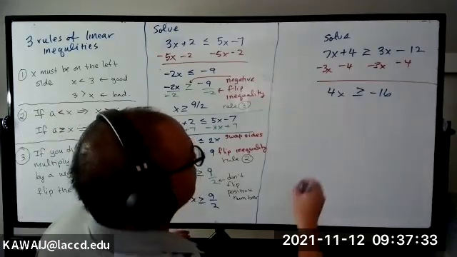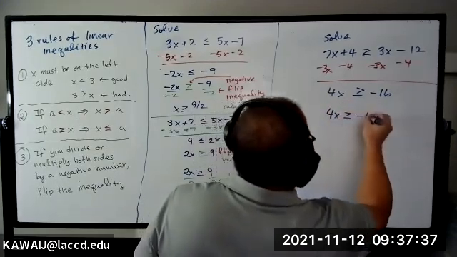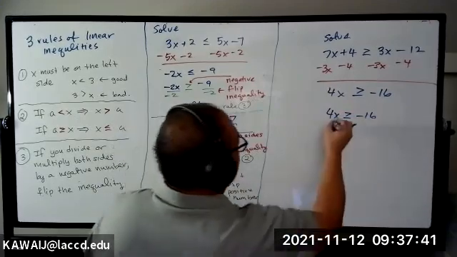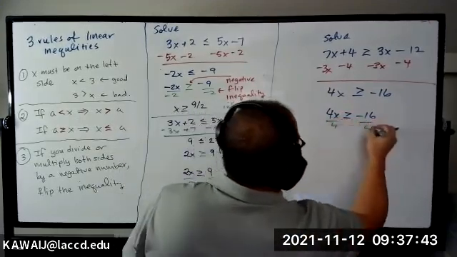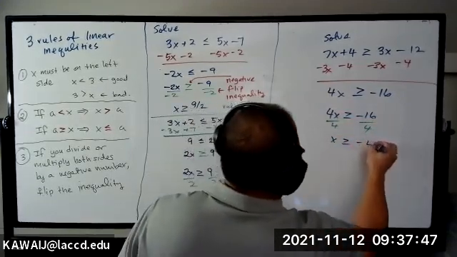So this is equal to 4x is greater than or equal to -16. I'm dividing both sides by 4. Then I get x is greater than or equal to -4.